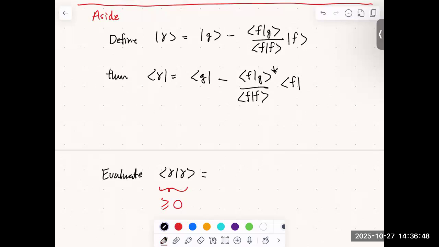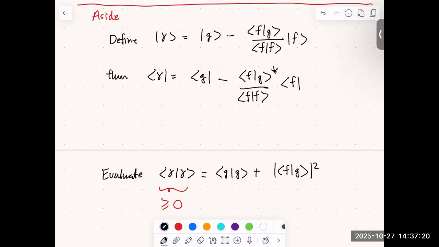Okay, and so if we do this, we're going to get g inner product with g is one of our terms. And then we're going to get plus, let's see, let's do this one and this one together. So we're going to get, I think, the absolute square of the inner product of f and g. And then in the denominator, we have f with f, but then we're going to get f with f. So that's going to cancel.